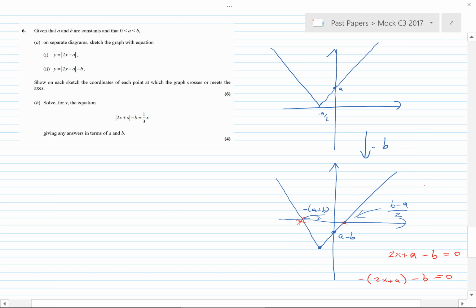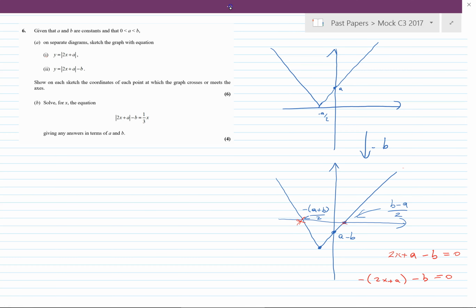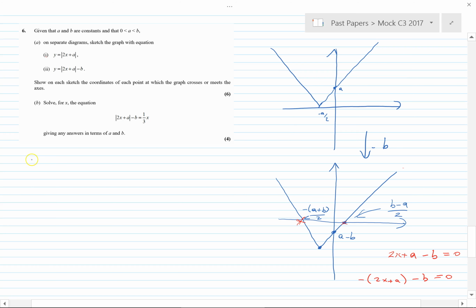So first of all, for the one that was up here, the positive one, that's 2x plus a minus b is equal to a third x. So taking everything over, we get 2x minus a third x is equal to b minus a. So that's 5 over 3 x equals b minus a. So x equals 3/5 of b minus a.